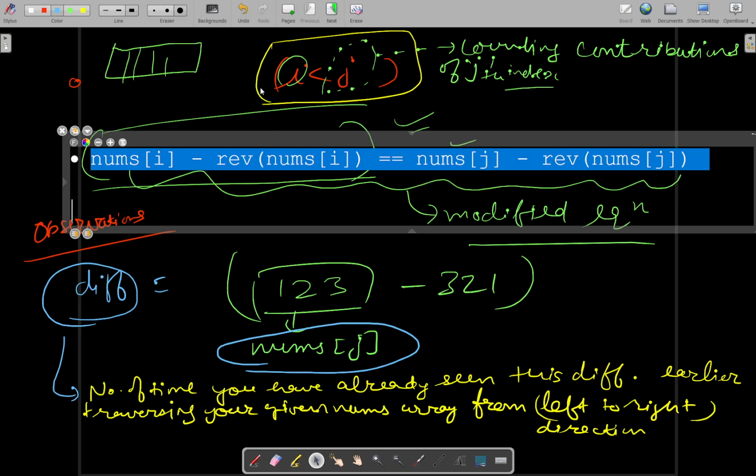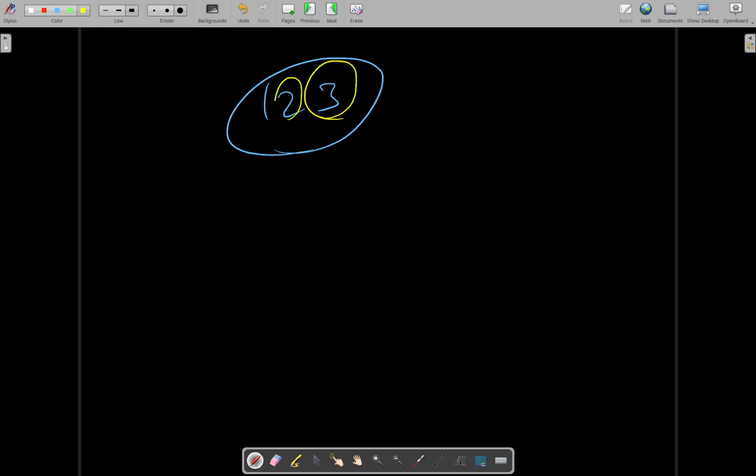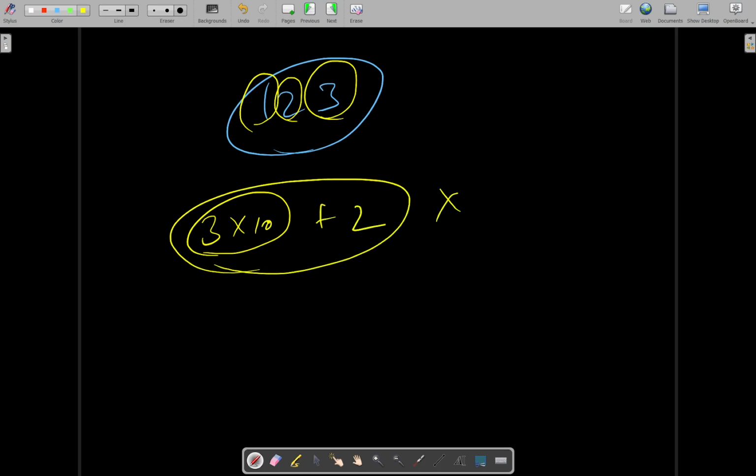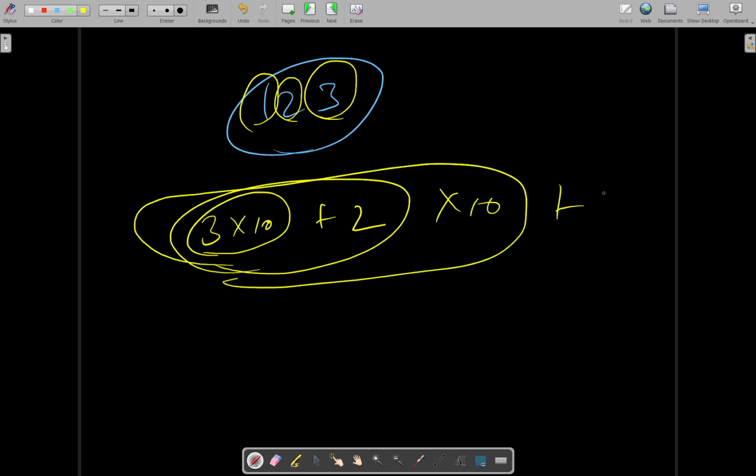For example, if the number given to you is, let's say, 123, then you are picking one by one these digits and you are doing something like this. Okay, so it will be 3 2 1.